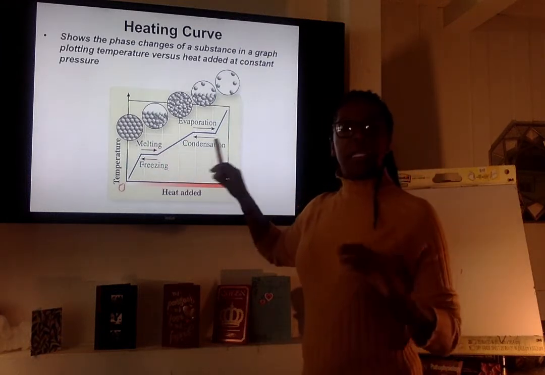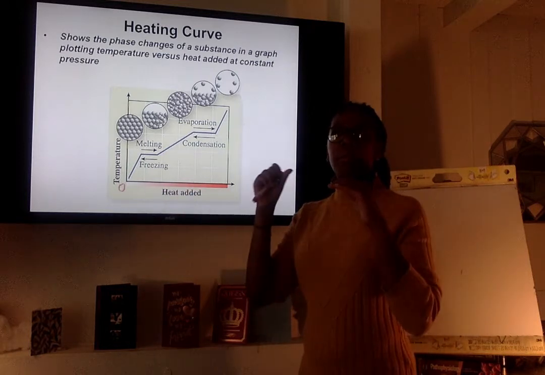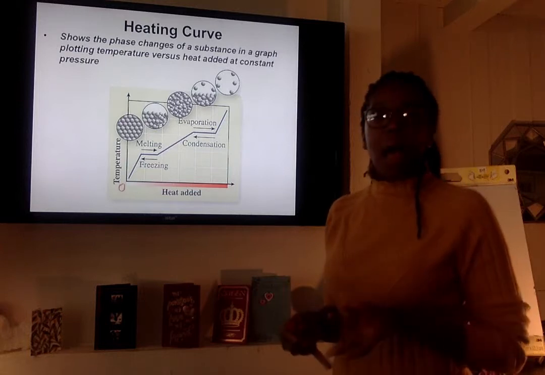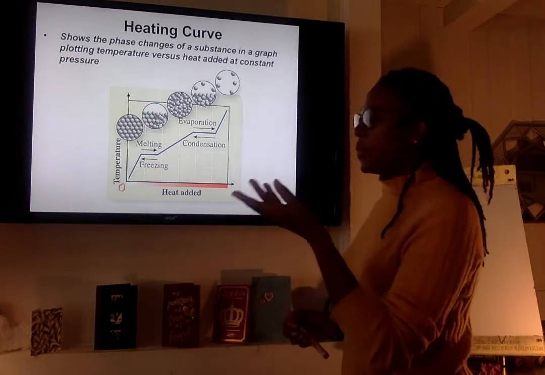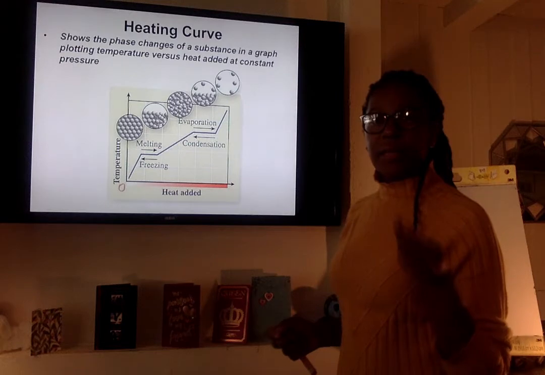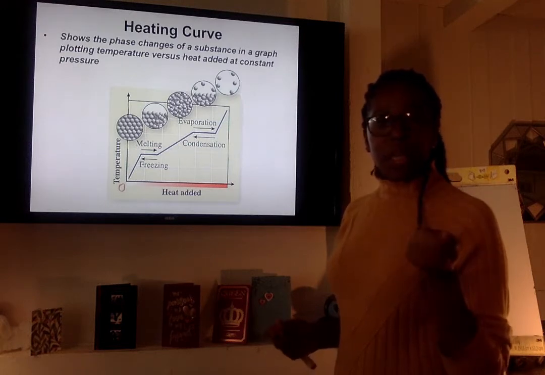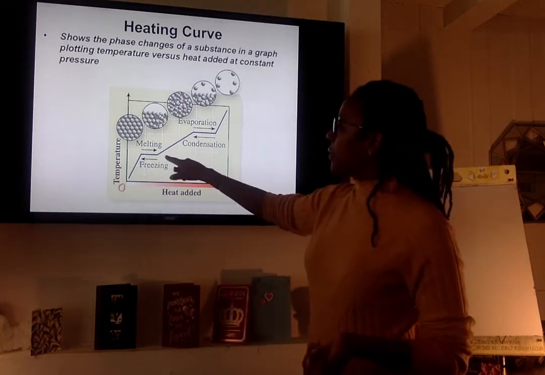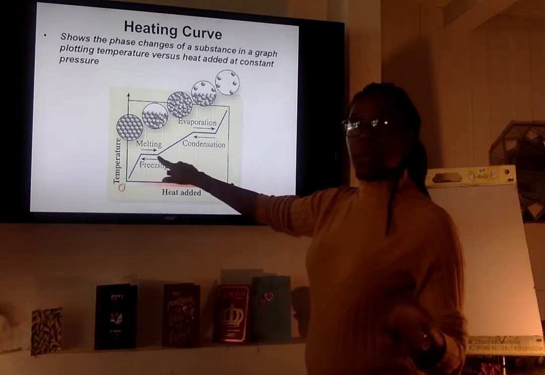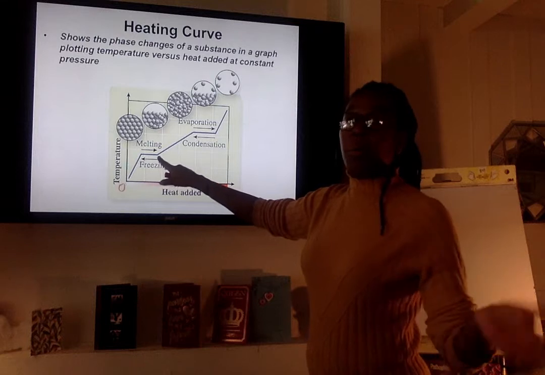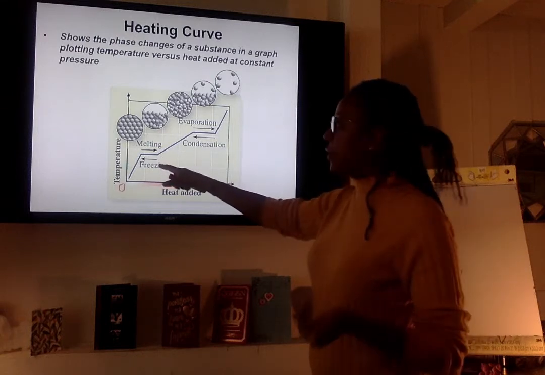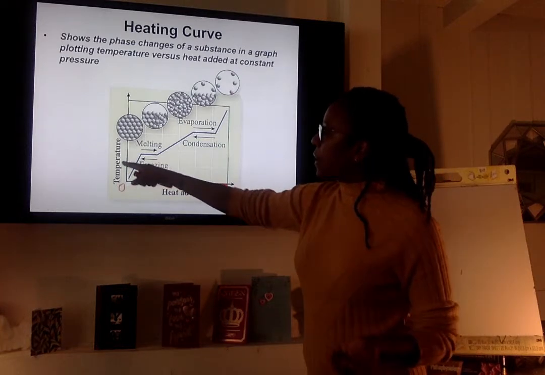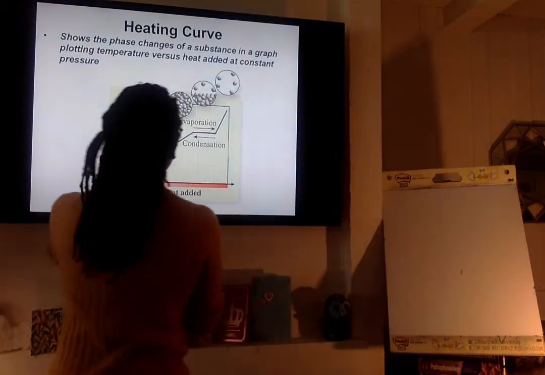So now, what's the next phase? Let's think about this if you put some ice in a pot. So first you melted this ice. The ice went from a solid ice to liquid water, right? So let's say that's where we are now. So now we have our liquid water, and now we want to boil this water. So now we're going to add more heat, and as we're adding more heat, the temperature is going to go up.